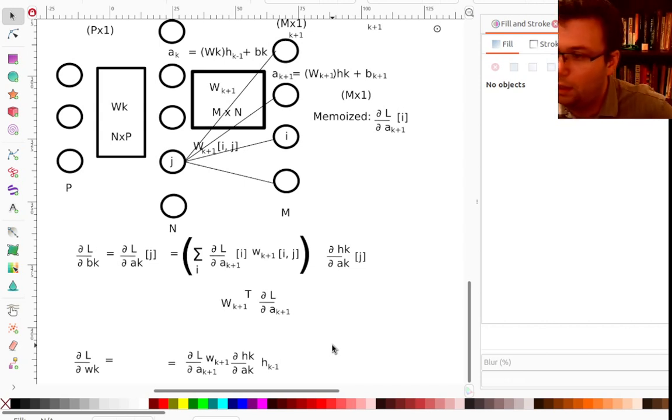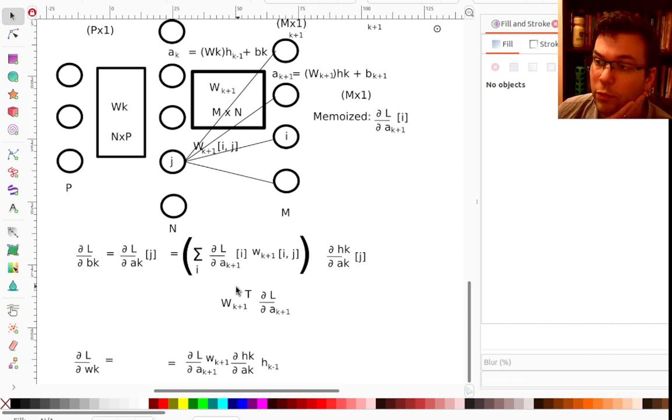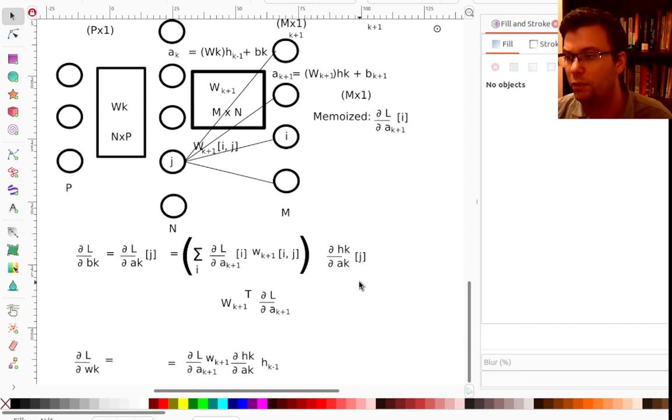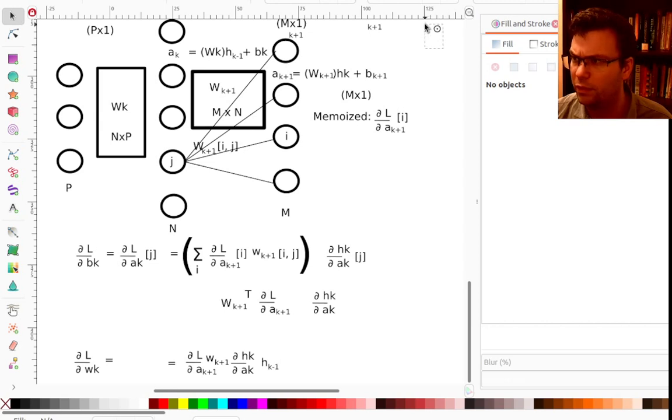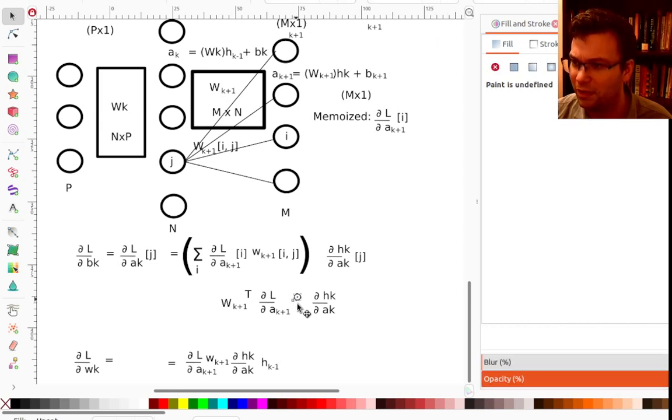So this matrix multiplication of W_{k+1} transpose on the left, switching the rows for the columns, with that derivative vector that I've remembered with respect to A_{k+1}, gives us this entire thing in the parentheses. And then what I'm going to do is something called a Hadamard product. It's just the element-wise multiplication, denoted by this weird symbol here.